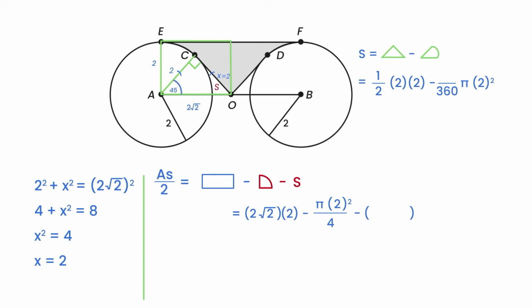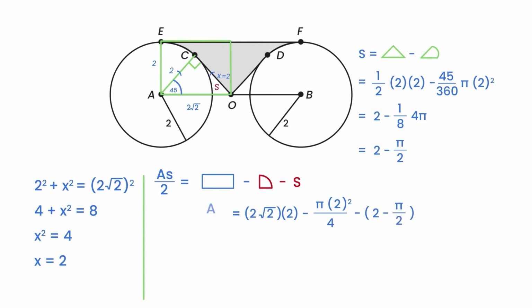But what is my segment? It's only 45 degrees. So that's what goes in the numerator. So this is 4 over 2, which is 2. 45 over 360 is 1 over 8. And then pi times 2 squared is 4 pi. So this S is just 2 minus pi over 2. And that is what goes in this bracket.